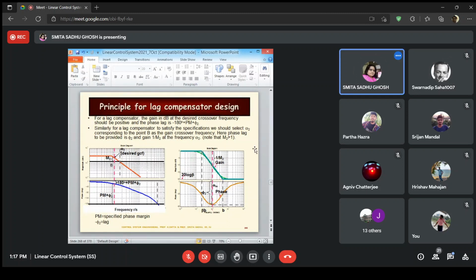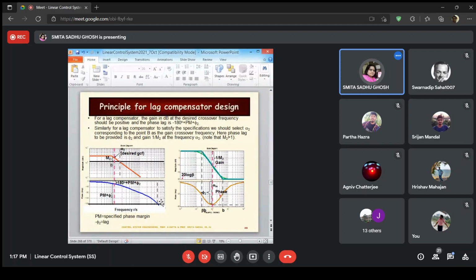So now we will look at the principle for lag compensator design. Over here you see two plots, one on the left hand side and the other on the right hand side. The left hand side plot is a general plot for any system.